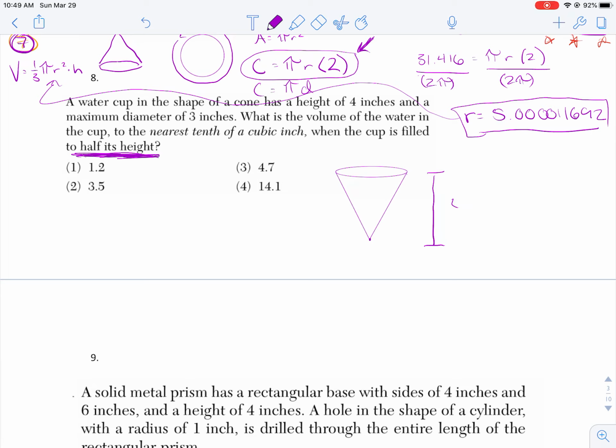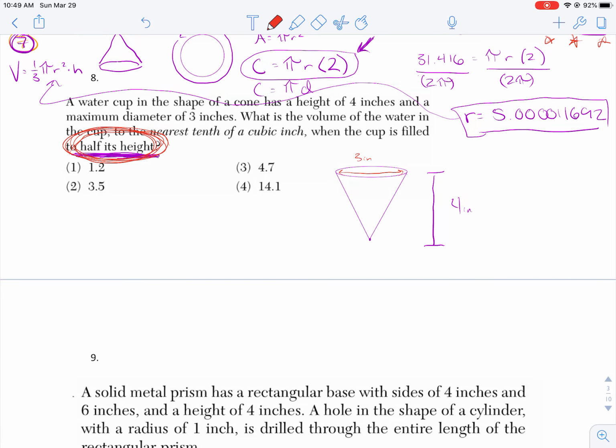So the water cup in the shape of a cone has a height of 4 inches and a maximum diameter of 3 inches. What is the volume of the water in the cup to the nearest tenth of a cubic inch when the cup is filled half its height?